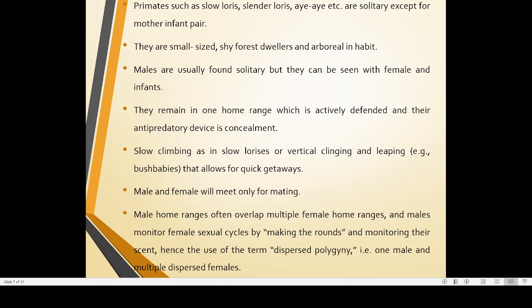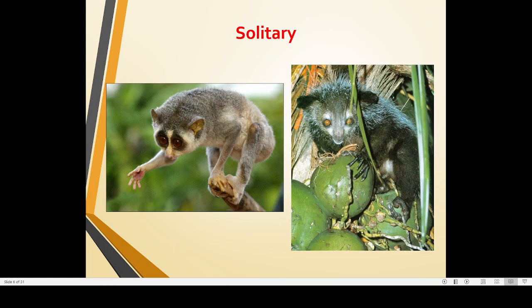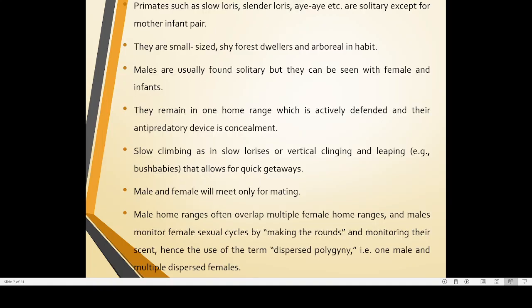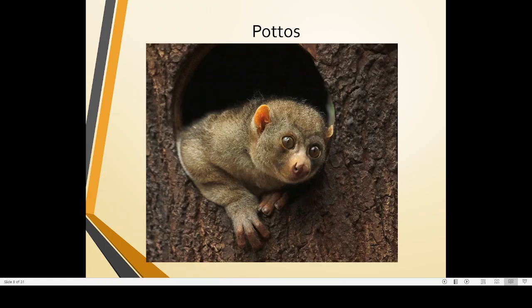There is no such thing. So this is the nature that we are finding in some animals such as slender lorises. Most of the time they are very small, shy forest animals which mainly live among trees. So that is one type of behavior.